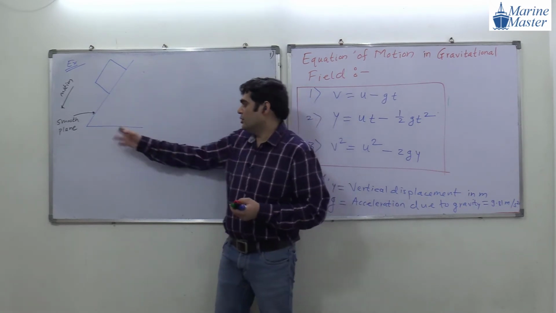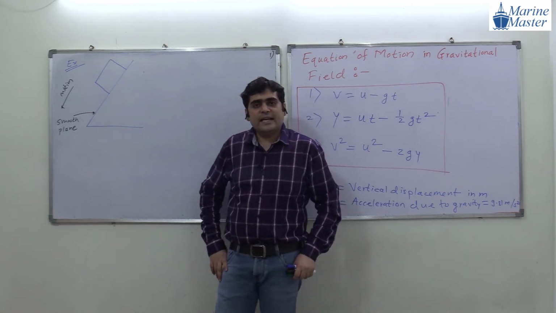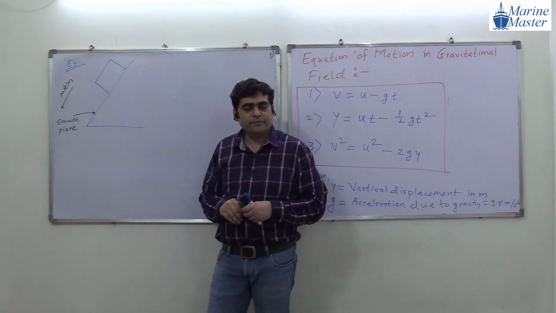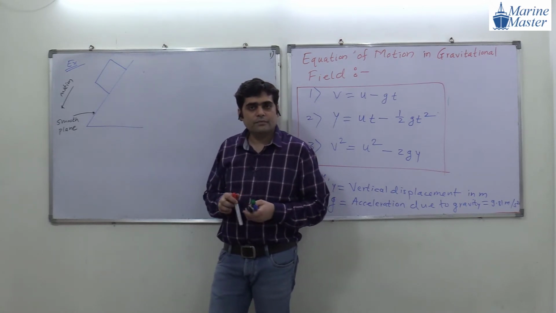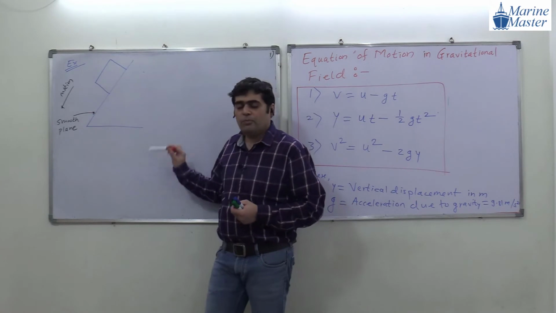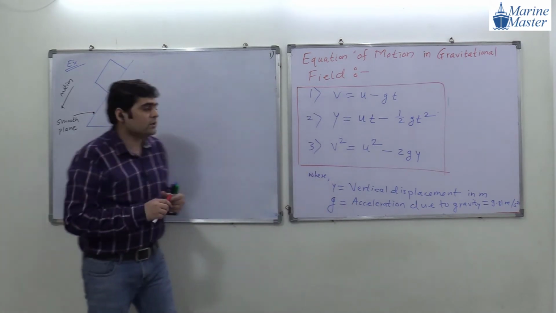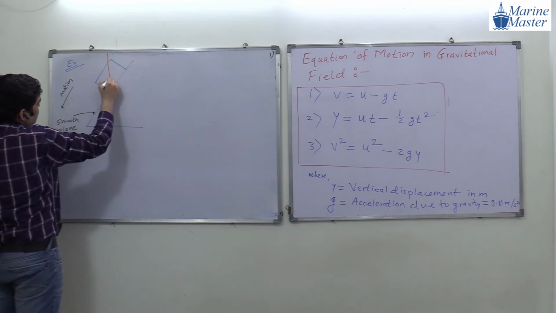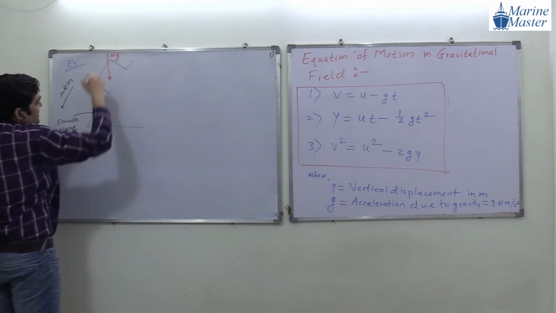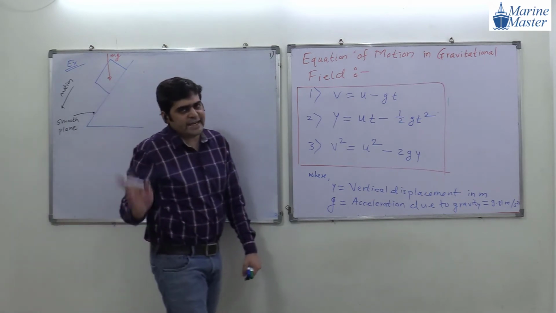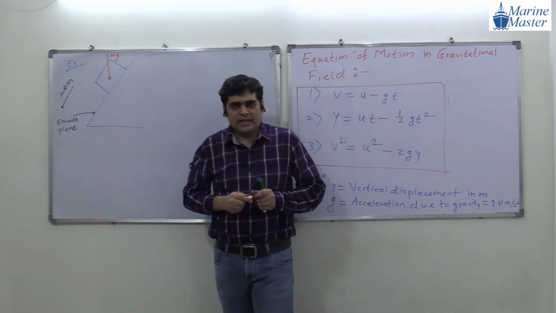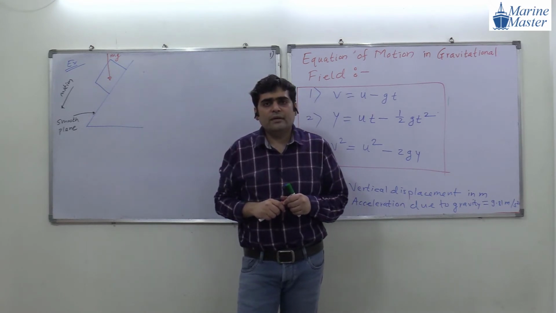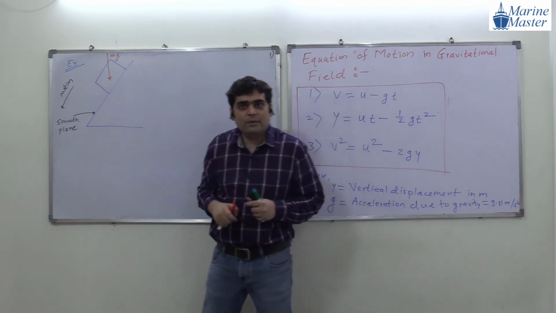Friction is 0, that's why I told you it is a smooth plane. Here there will be a weight, mg. Is there any other force on this object other than weight? A normal reaction will be there.